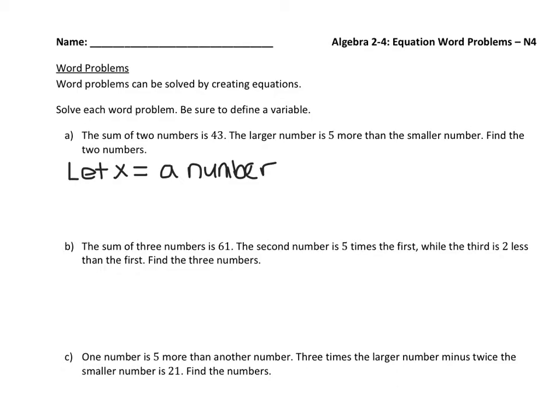We know that the larger number is 5 more than the smaller number. So 5 more than a number would be x plus 5. So let x plus 5 equal the larger number.